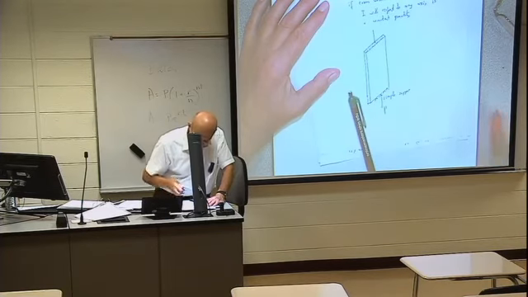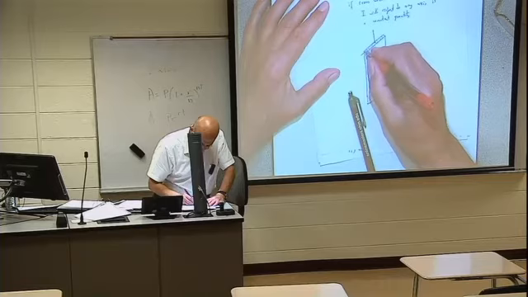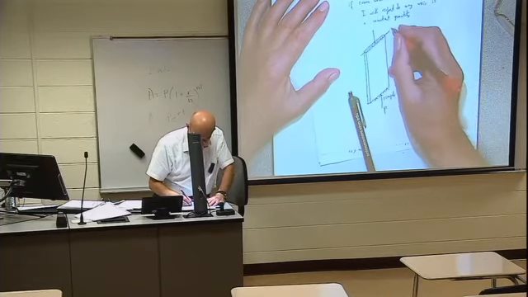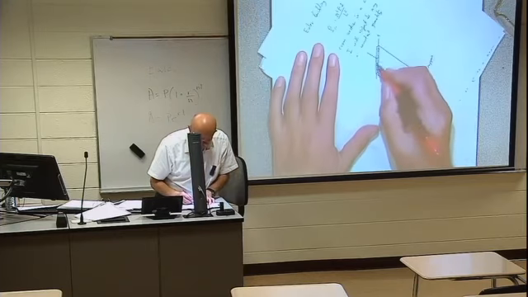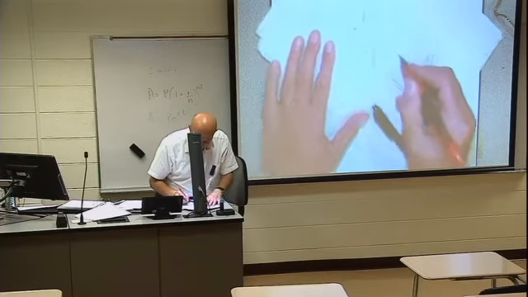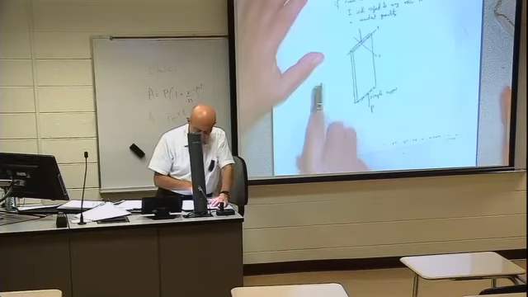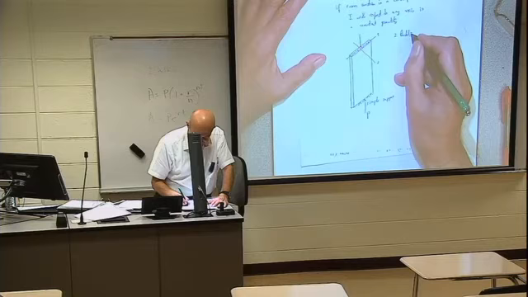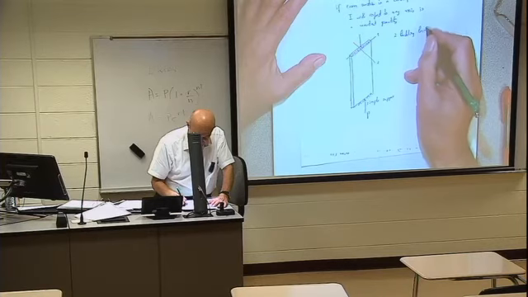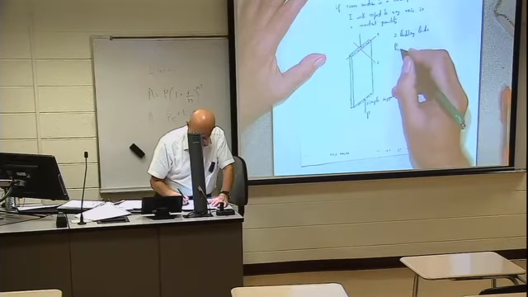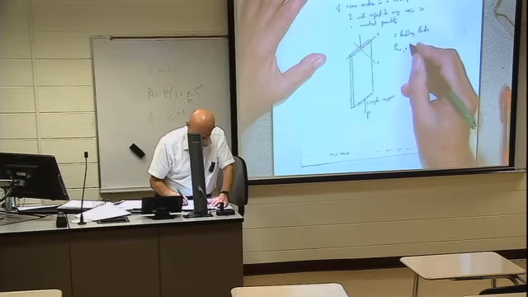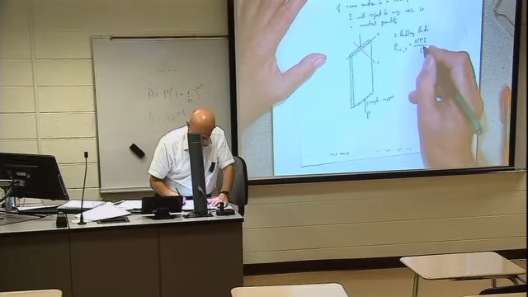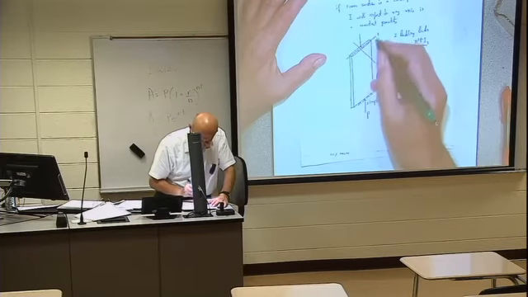So let us say this is 1, and then there is the possibility with respect to this, 2. Then we have 2 buckling loads. P critical 1 equals pi squared E I1 over L squared, with respect to axis 1.